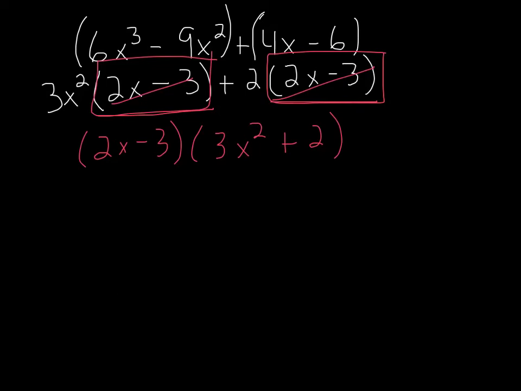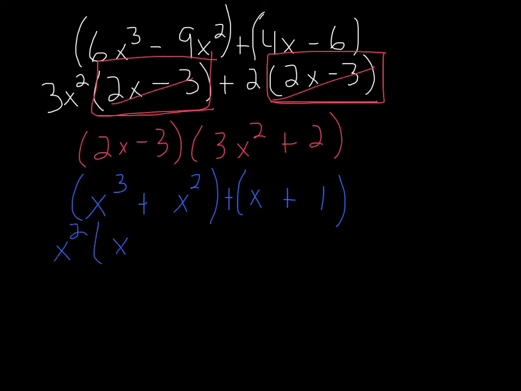So the next one we have is x cubed plus x squared plus x plus 1. Again, nothing in common to all of them, so we're going to break them into chunks. x cubed and x squared have x squared in common, and when you pull it out you have x plus 1 left over.